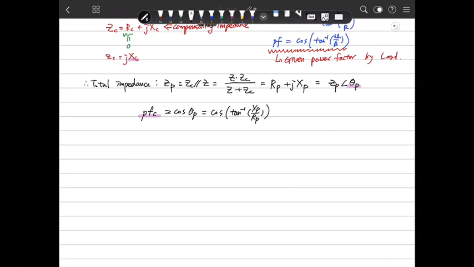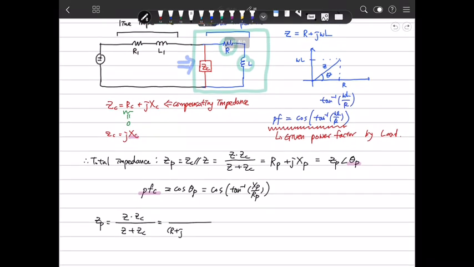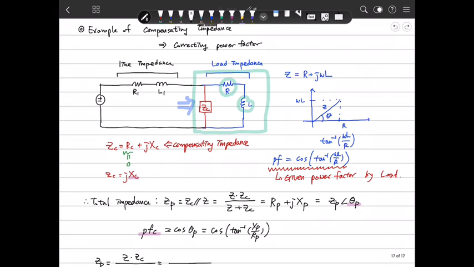So we calculate ZP again here. ZP will be Z and ZC in parallel, and Z is R plus jX.